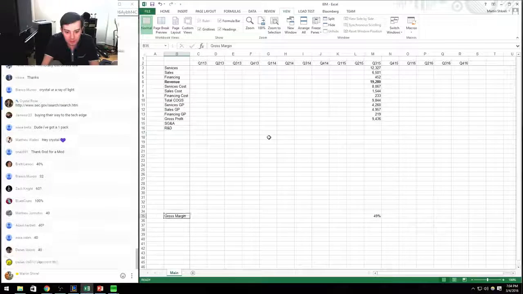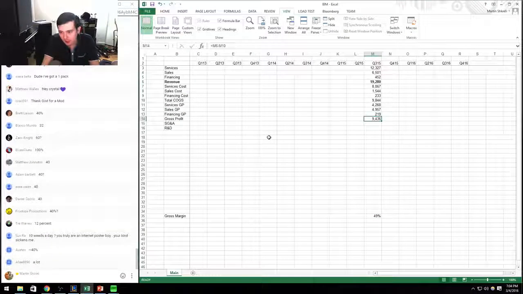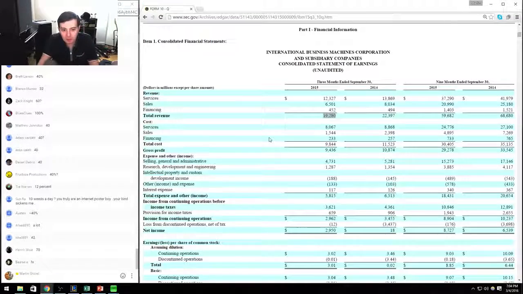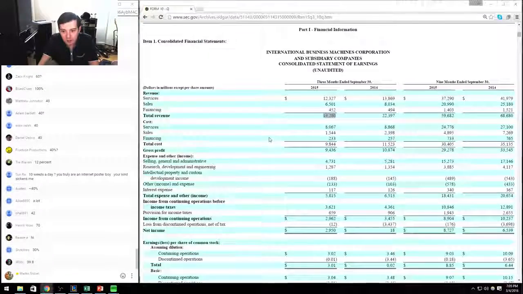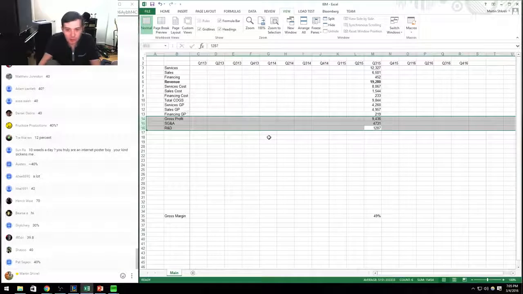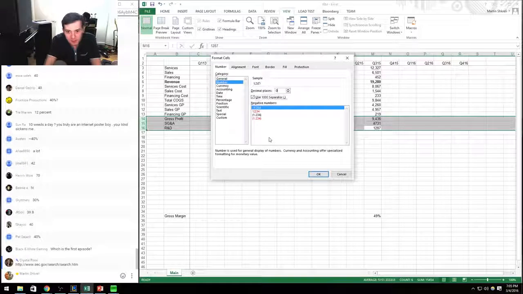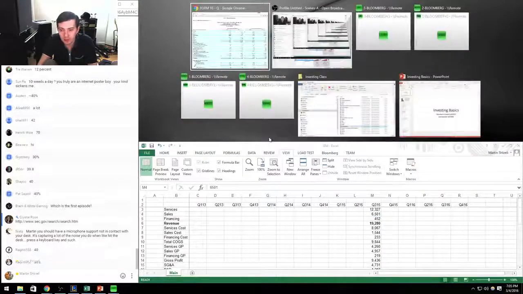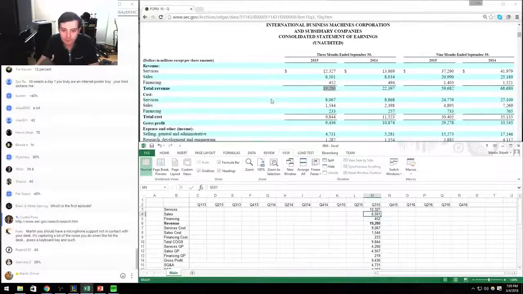So IBM keeps 49 cents of every dollar, whereas Apple keeps 40. It's kind of interesting. They're not similar businesses at all, really. One is sort of a phone maker, more or less, and the other is a services sort of company. But we'll learn more about these individual companies shortly.